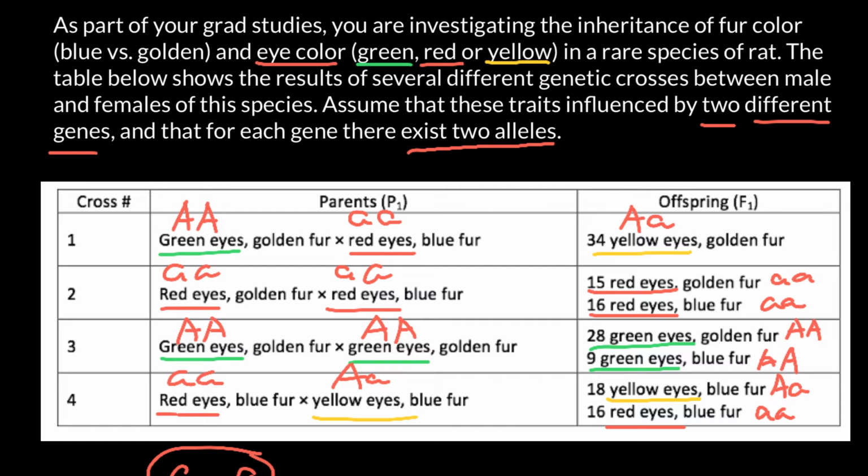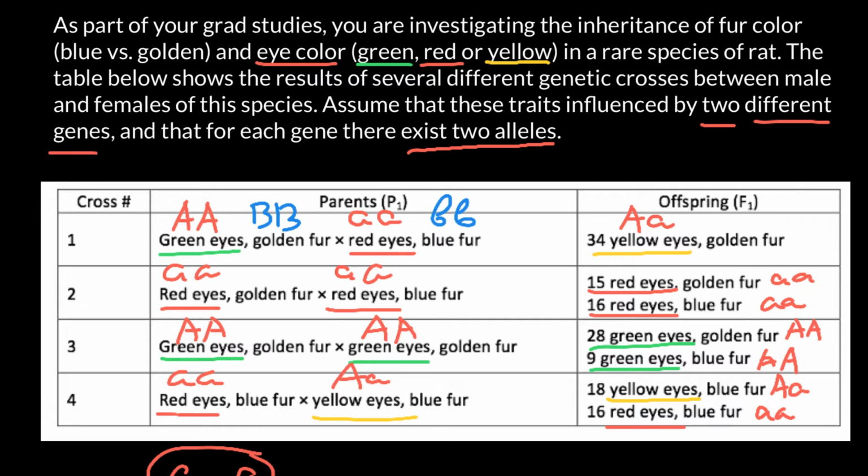For gene B, the parent that has golden fur should be dominant, so capital B for this trait in the first parent, and the parent that has blue fur has to be homozygous recessive.